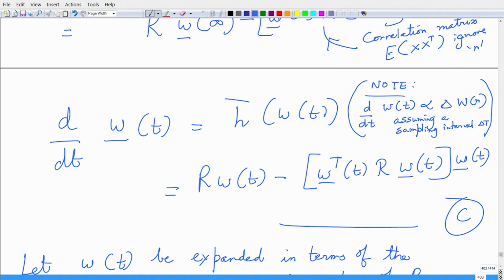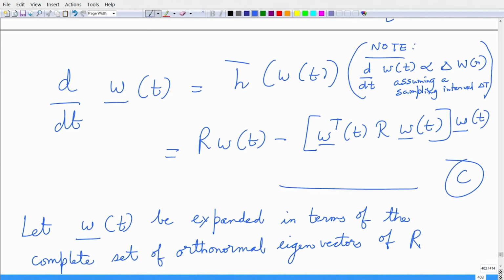I did mention that I would like to go from a difference equation to a differential equation in this case, particularly because it is a nonlinear differential equation, and it is slightly easier to tackle nonlinear differential equations than the other way around.